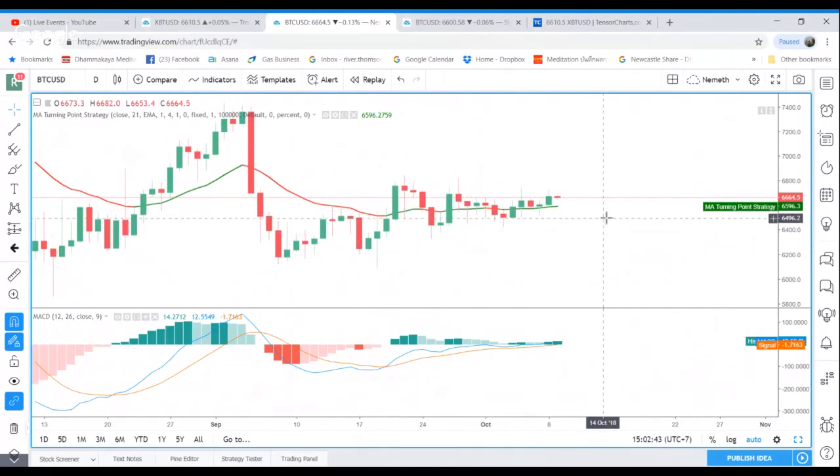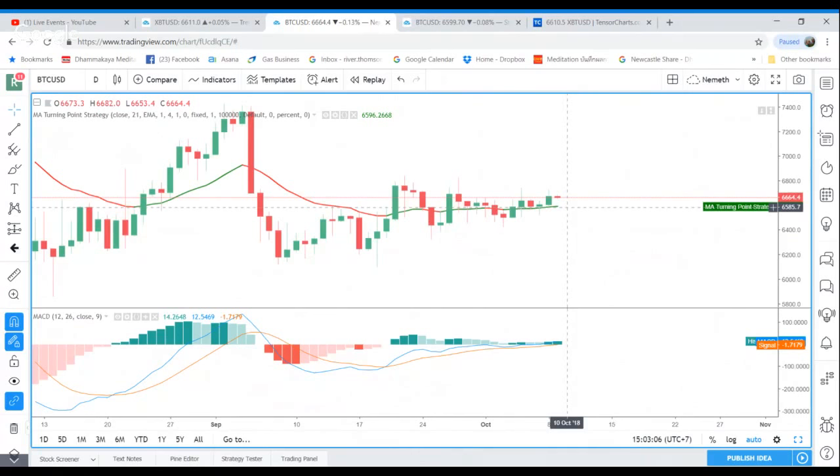Oh, yeah, we're very close to that. 6596. Okay, but currently we're above it. So if you're wanting to use the daily as a trend chart, then you want it to be sloping, and it is still currently slightly sloping upwards.